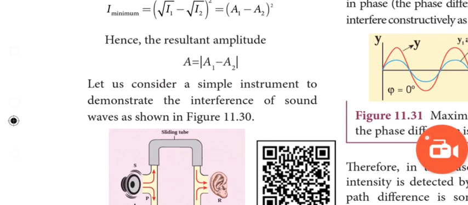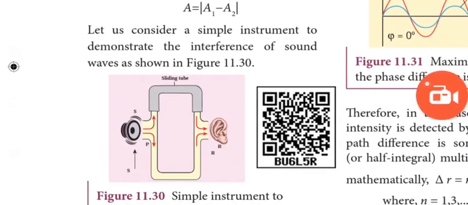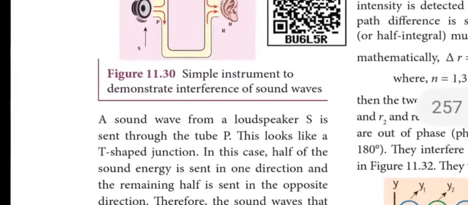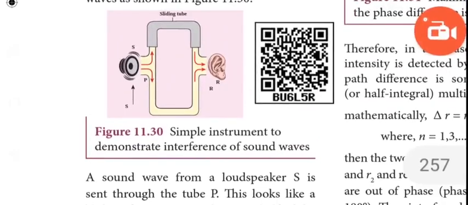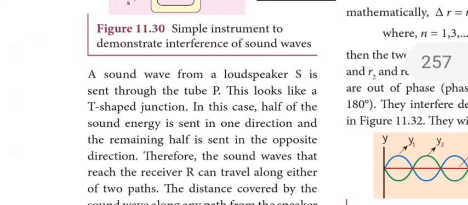Let us consider a simple instrument to demonstrate the interference of sound. A sound wave from a loudspeaker is sent to a tube P, which looks like a T-shaped junction.